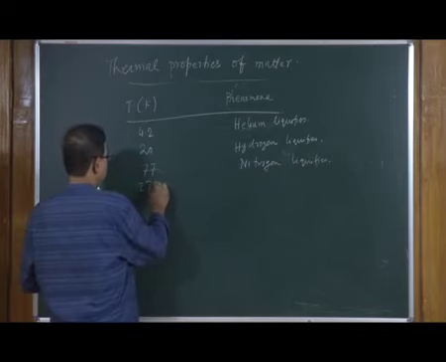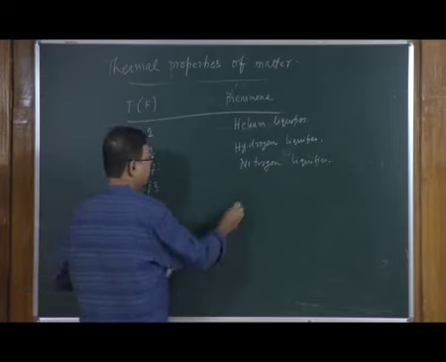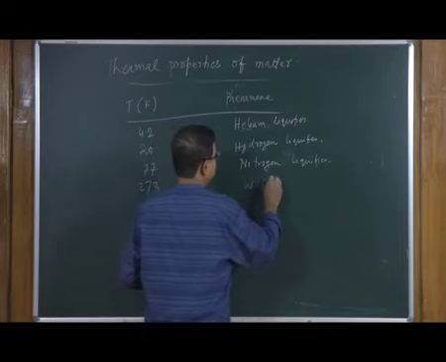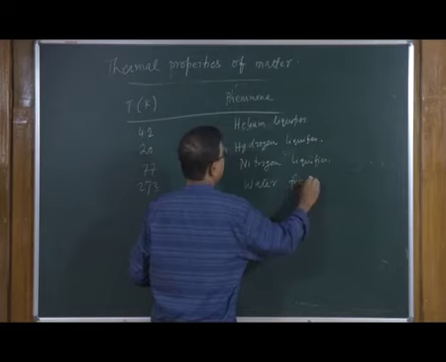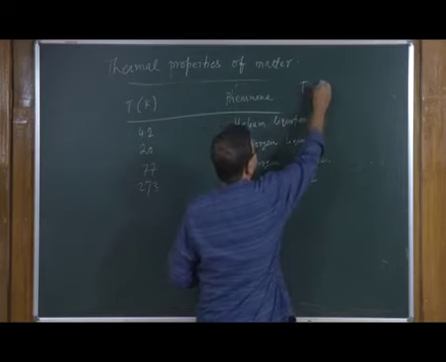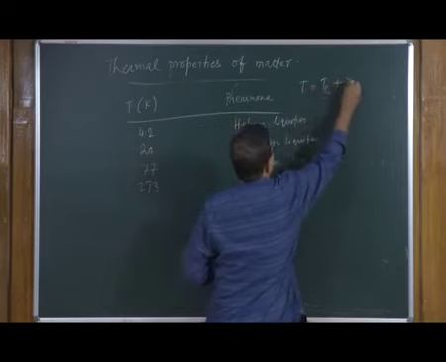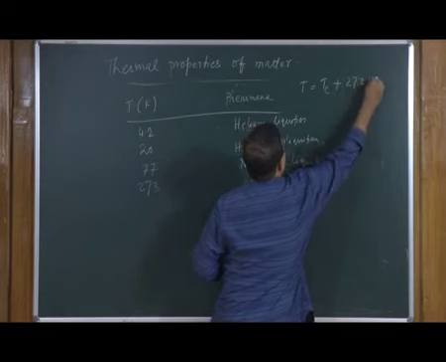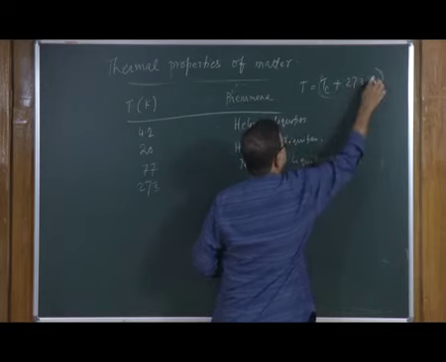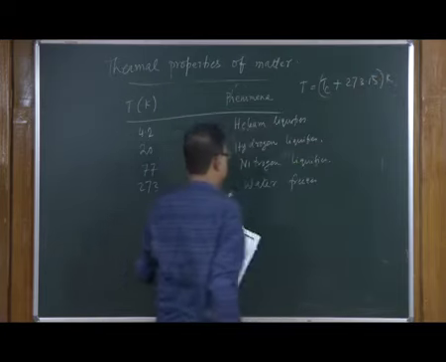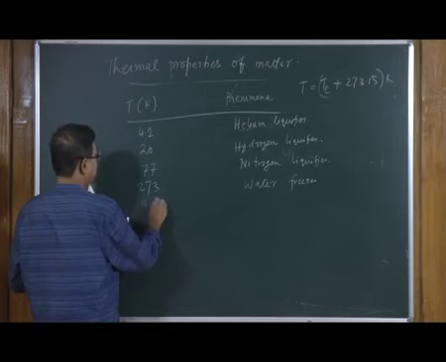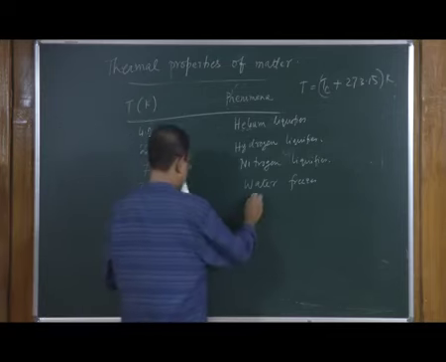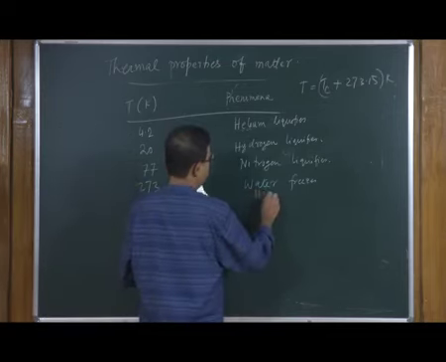273 Kelvin, all of you know that water freezes, which is 0 degree centigrade. For your ready reference, I will use this. So, water freezes here. 310 Kelvin is human body temperature.